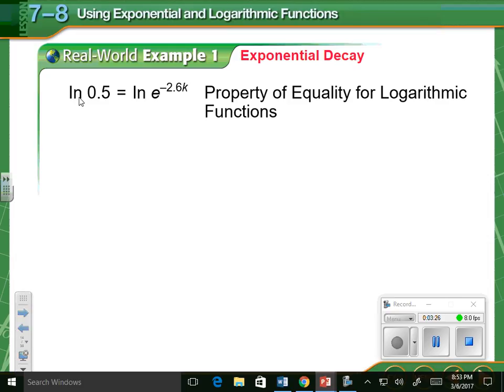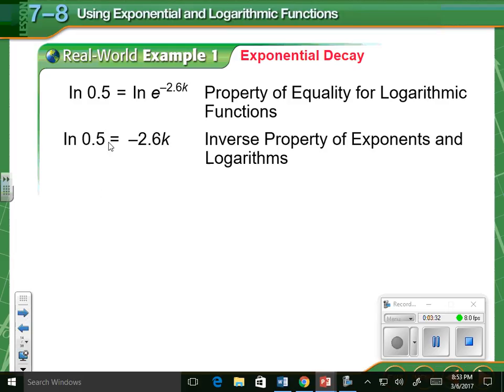If we take the natural log of both sides, the natural log of E to the negative 2.6K, the natural log of E cancels. So we just get negative 2.6K is equal to the natural log of 0.5.